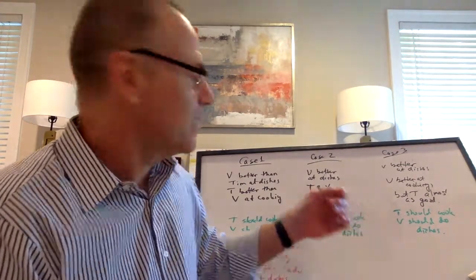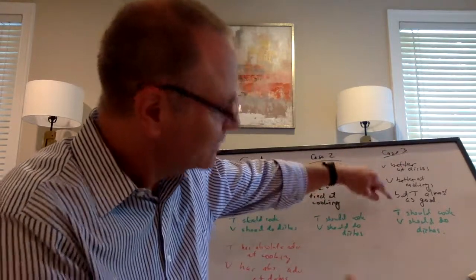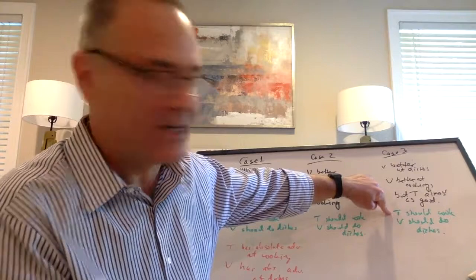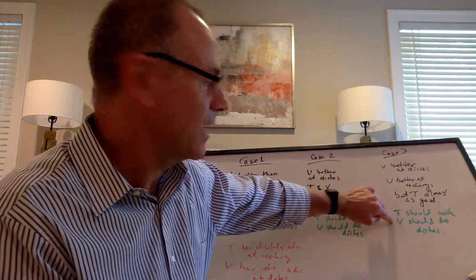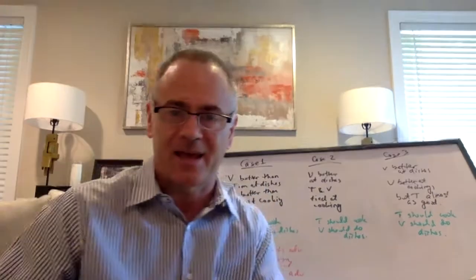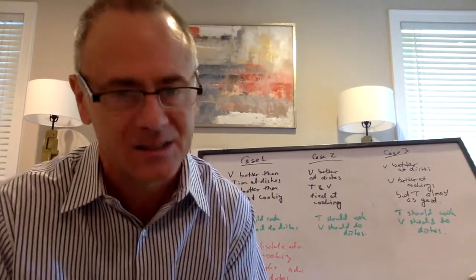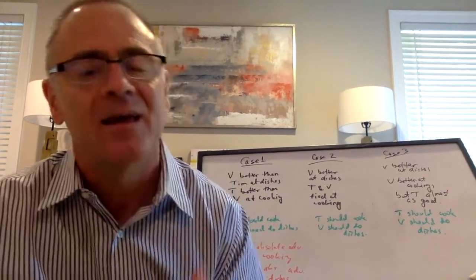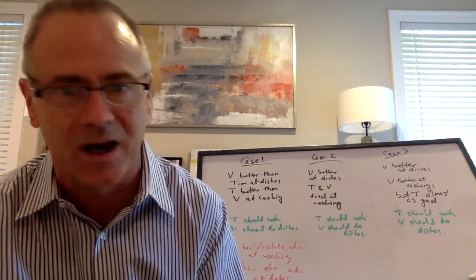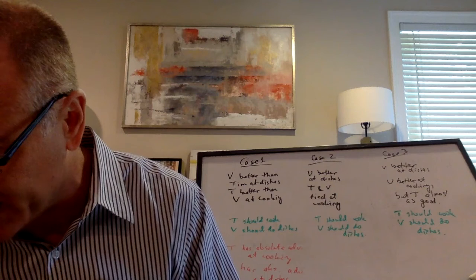We would say Tim, since he's the one who should cook, he's the one who has the comparative advantage at cooking. Victoria has the comparative advantage at dishes. Okay, and we'll try to define that a little more formally later, but that's where we're going. Loosely speaking, comparative advantage, it all has to do with who should do what, who should do which task. Okay.